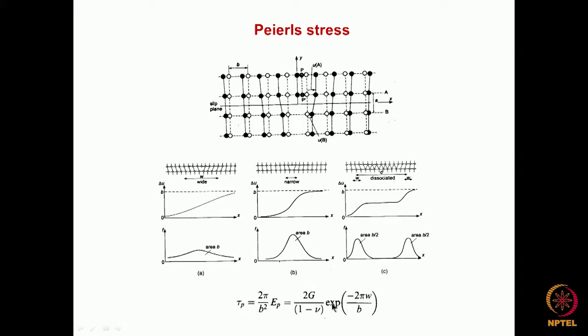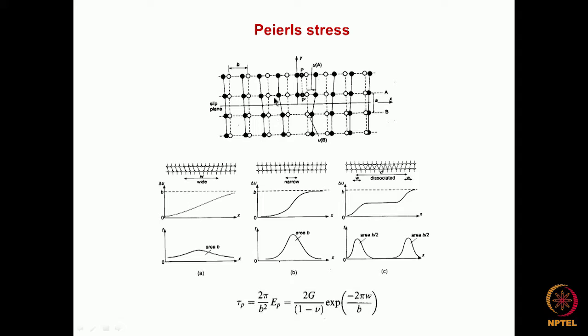Another important factor is that all this region over which the strain is taking place is confined to a very small region. So one more term comes, which is the exponential of minus 2 pi w by b, where w is defined as the width of the dislocation core, or the region over which most of this strain is taking place.